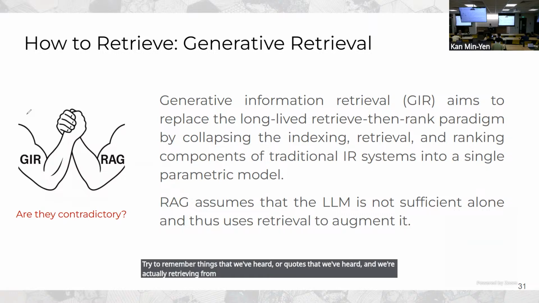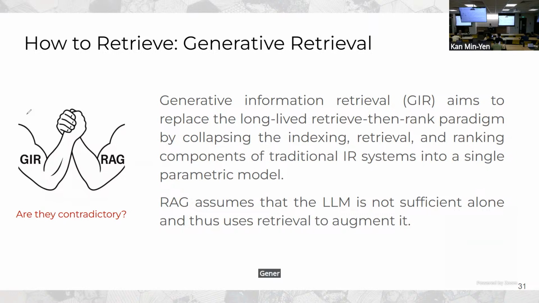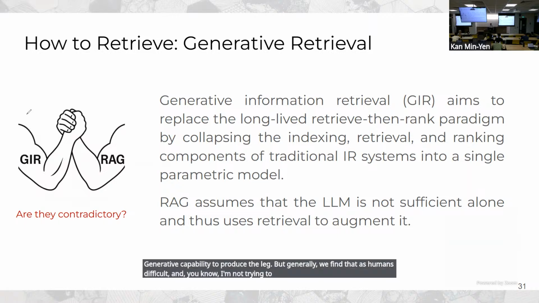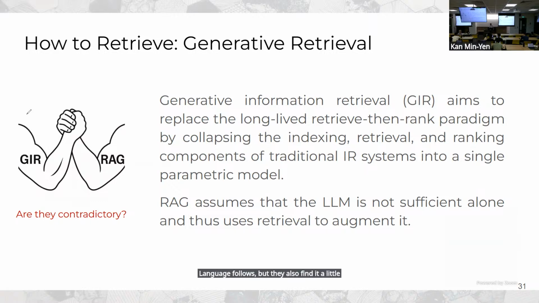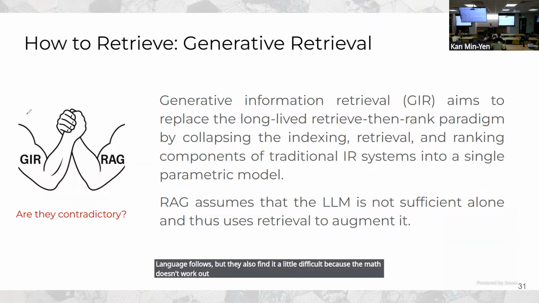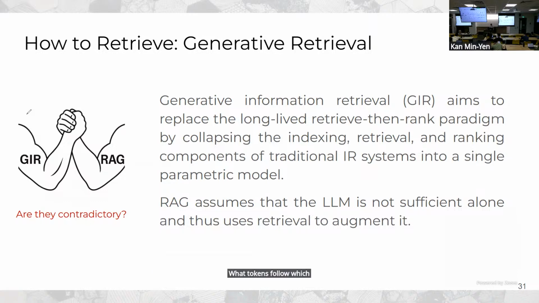We're not trying to use our generative capability to produce new language. But generally, we find that difficult as humans, and I'm not trying to anthropomorphize language models, but they also find it a little difficult, because the math doesn't work out that we recall exactly what tokens follow which ones. We have a generalized understanding of that.